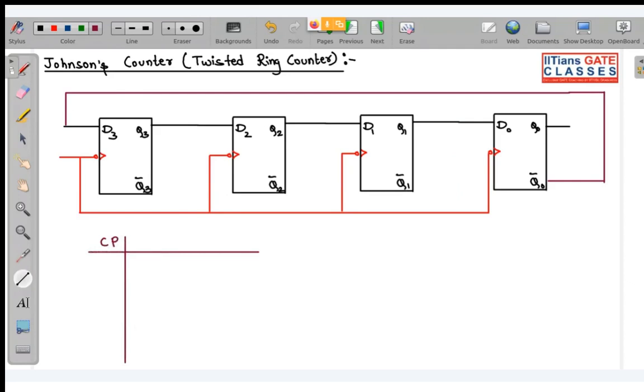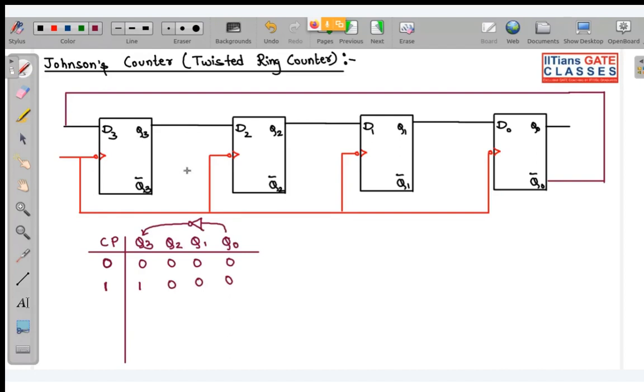At clock pulse 0, initially all the flip-flops are reset, so 0, 0, 0, 0. At the first clock pulse, basically you have one inverter over here. Whatever the Q0 state is, that will be inverted. So this will become 1, 0, 0, 0.